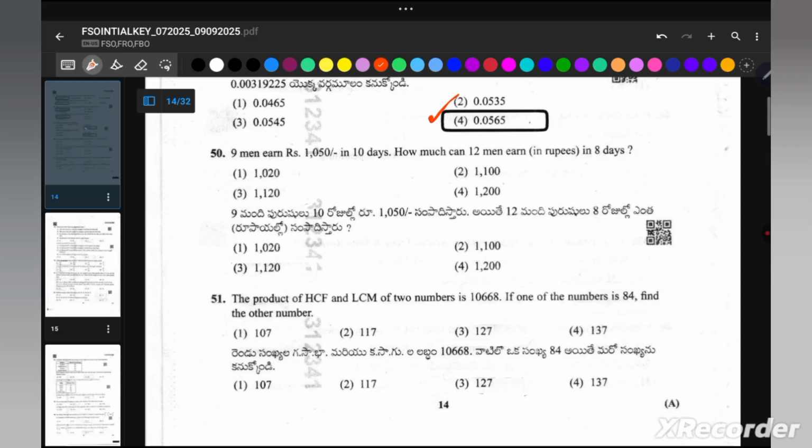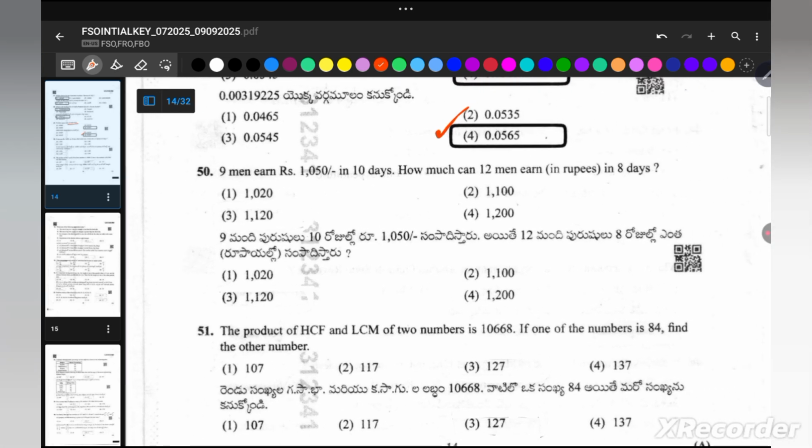Next, 50th question. 9 men earn 1050 in 10 days. How much can 12 men earn in 8 days? Let us discuss this question. For this question, we need a small logic. Men is directly proportional to amount and men is inversely proportional to time.